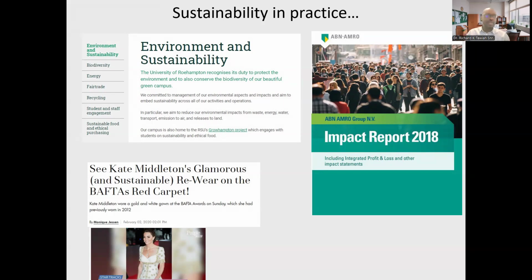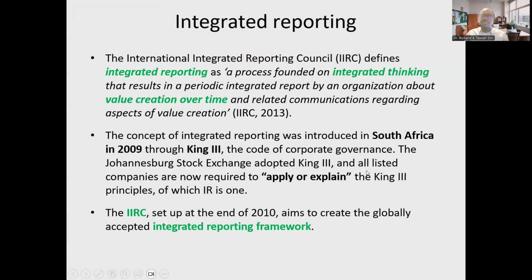I think in 2025, it was Reading University. Another publication says, see Kate Middleton's glamorous and sustainable rewear on the BAFTA red carpet, promoting it, right? ABN AMRO Group had the Impact Report 2018. It included an integrated profit and loss and other impact statements. So we see these in practice, okay?